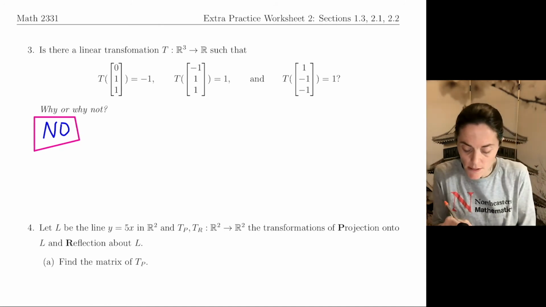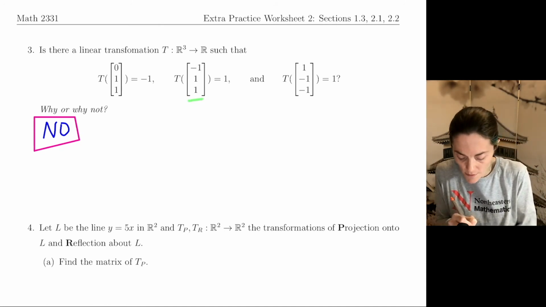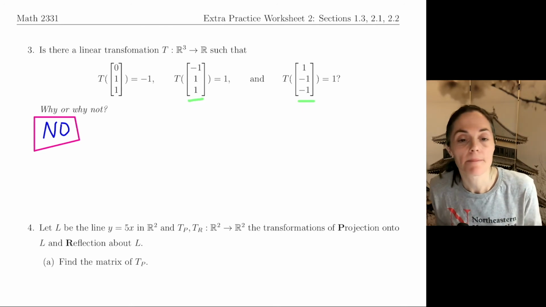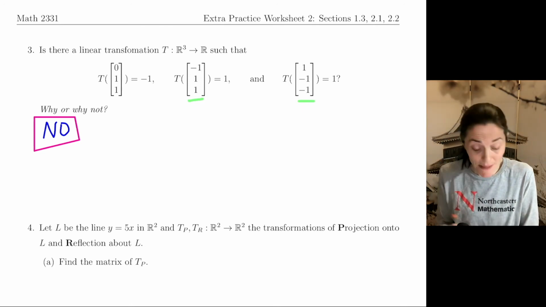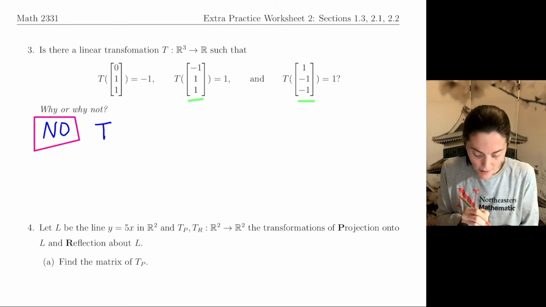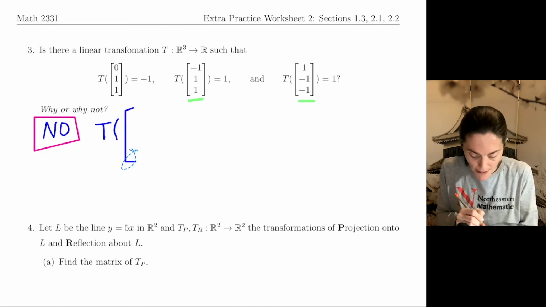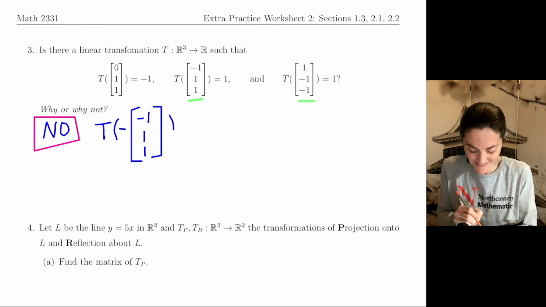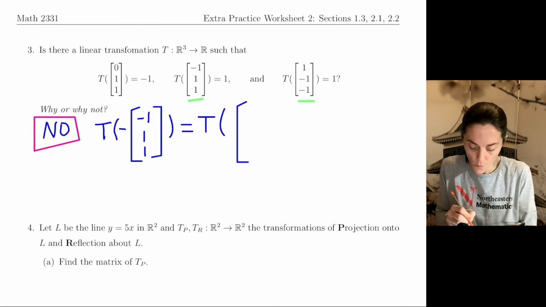Well, if you notice, looking at this vector and this vector, they are scalar multiples of each other. So I need to think properties here. T of negative (-1, 1, 1) equals, this is one of the values we are given, T of (1, -1, -1).